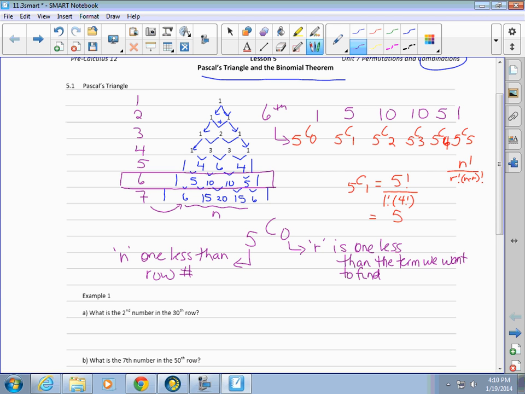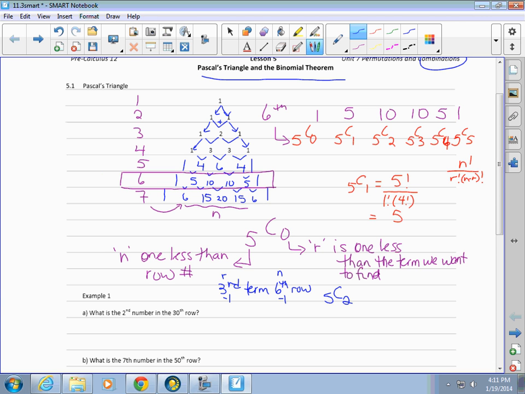So if I'm looking for my third term in the sixth row, it's going to be 1 less than that and 1 less than that. Remember, this is my n, that's my row, and this is my term, so this would be 5c2.